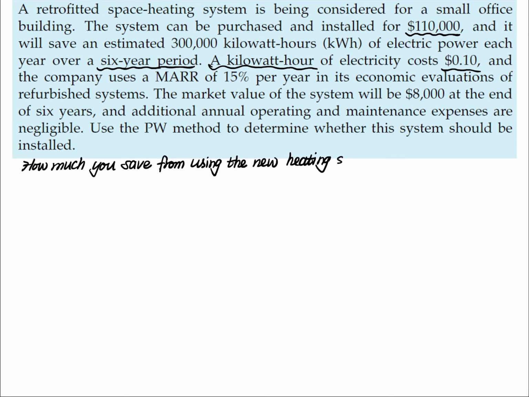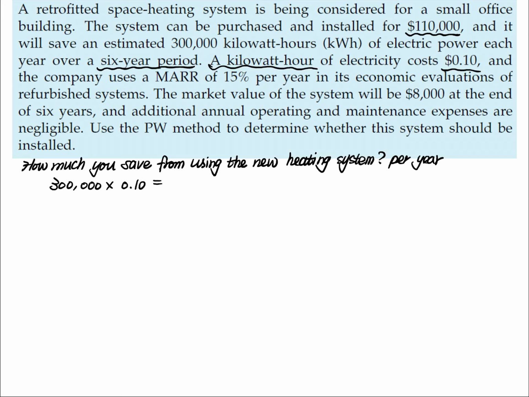Okay? So if you want to know how much you save from using the new heating system, that is per year. That is 300,000 kilowatt hours times 0.10.